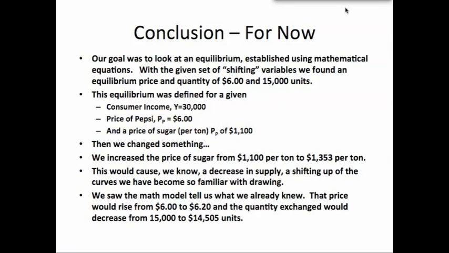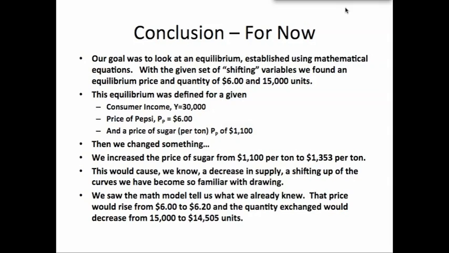What is our conclusion for now? Well, our conclusion is that we began with an equilibrium value, and we found the equilibrium assuming that consumer income was fixed, that the price of Pepsi was fixed, and the price of sugar per ton was fixed. Then we changed something. We increased the price of sugar.